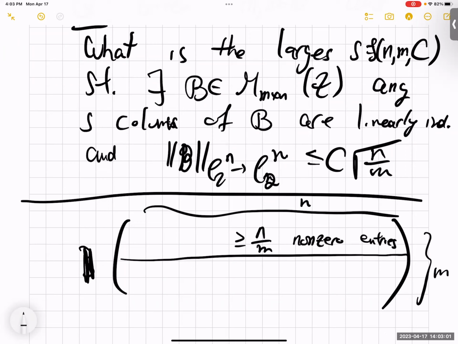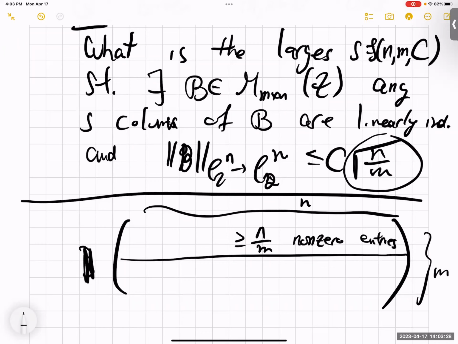Because if every row had less than N over M non-zero entries, there are M rows, you would get the total number of non-zero entries in the matrix less than N. And the only way this can happen is if one of the columns is identically zero. But the minute you have one row with N over M non-zero entries, they're all integers, its L2 norm is at least root N over M, which means that the operator norm of B is at least root N over M.